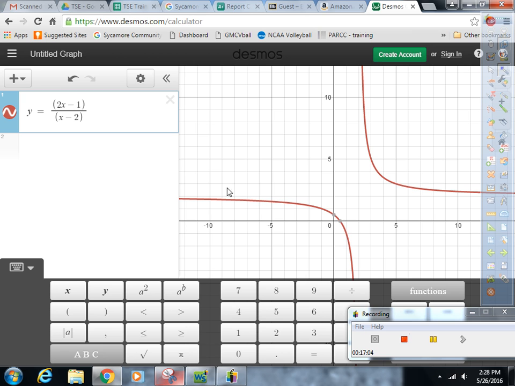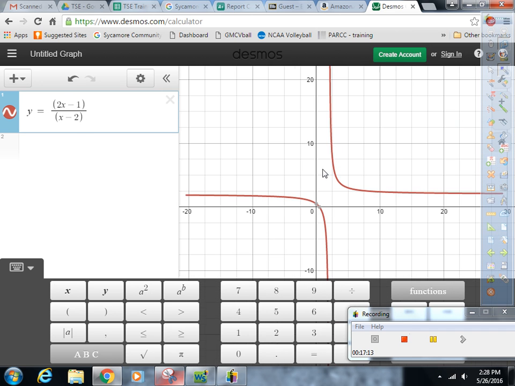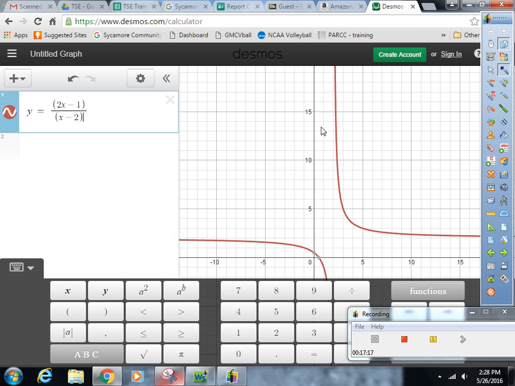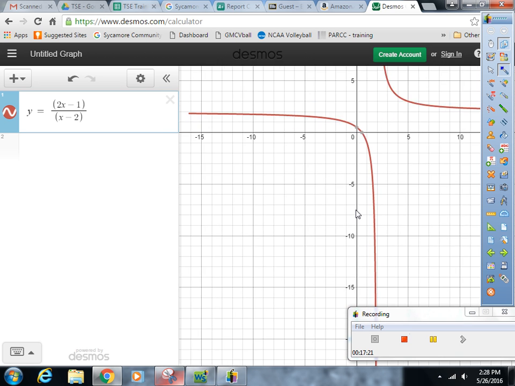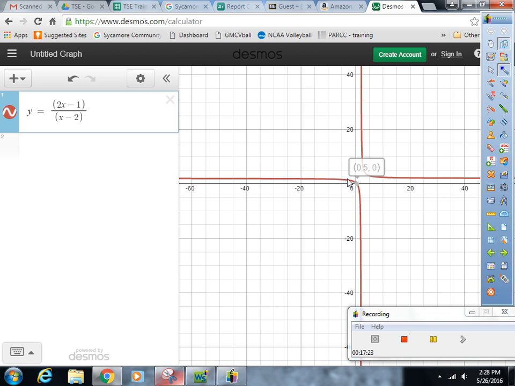Keep in mind, there's your 2. And we want to know what values of x give us our output to be less than 2. Well, these red lines represent your output. None of these are less than 2. And all of these points are less than 2.